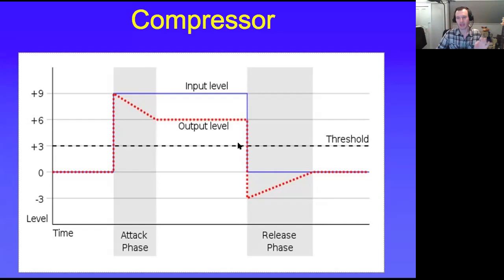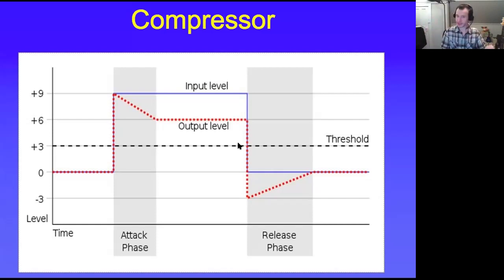Now the red line represents the output. This means after the compressor has affected the signal. And what a compressor does is the following. It has a threshold point, and anything that is above that threshold point will be affected.